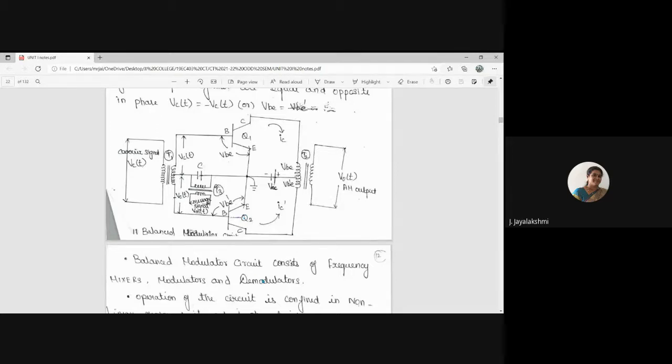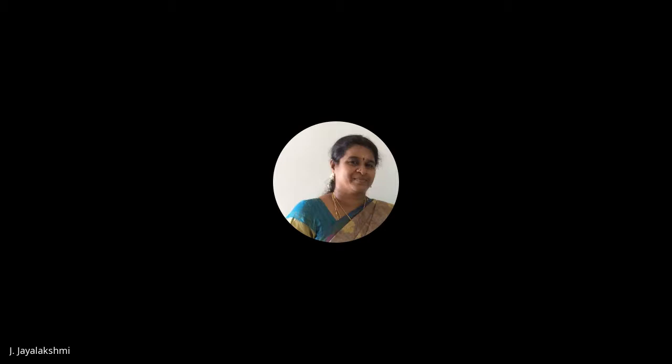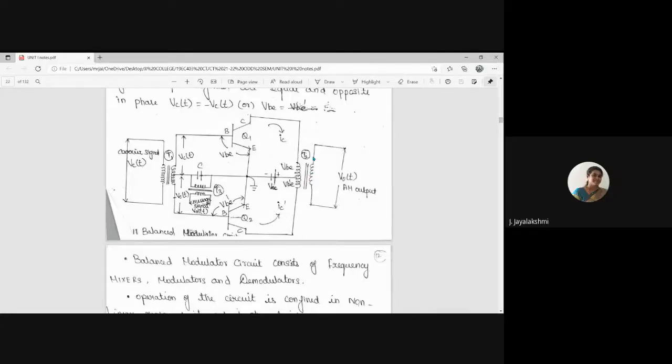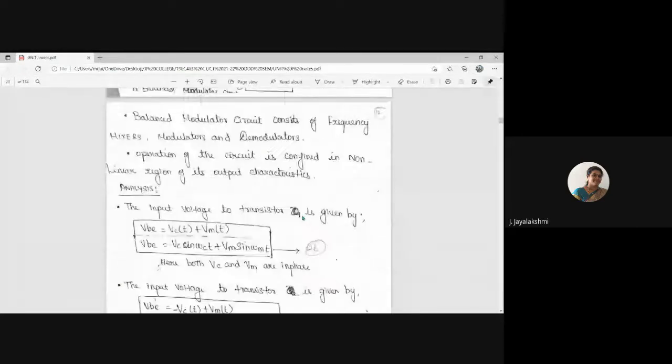So this balanced modulator circuit consists of a frequency mixer, modulator, and a demodulator. Once again, the output is generated across the secondary winding of the transformer used at the output side, and this is the AM output.